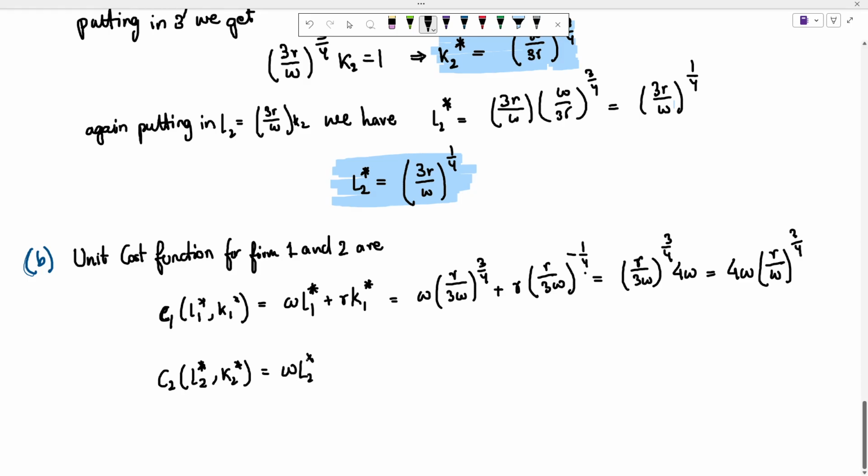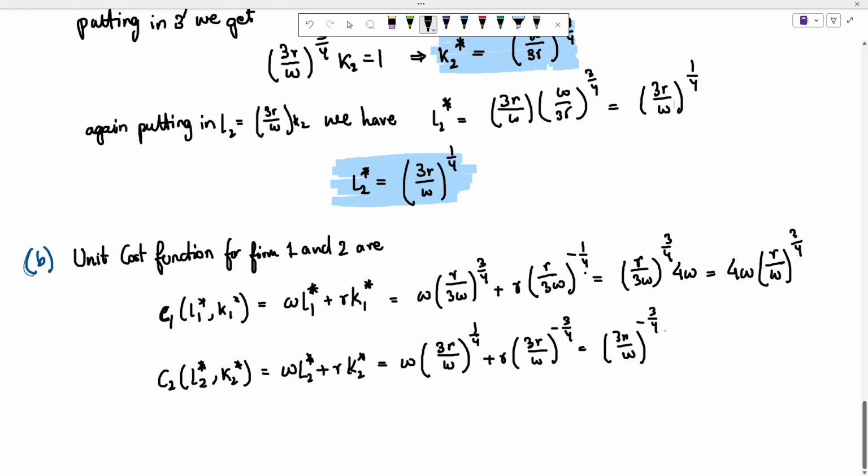Similarly, the cost function of firm 2 would be this, right? And what was L2 star? It was just 3r by omega to the power 1 by 4, and let's say 3r by omega to the power minus 3 by 4. We take 3r by omega to the power minus 3 by 4 as common, and what are we going to have?